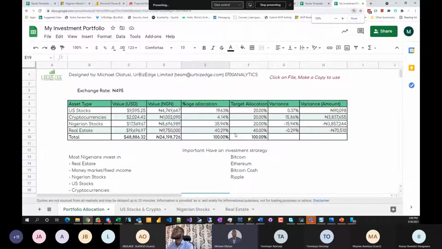Control plus. Okay, great. So for me, I said I'm going to do portfolio allocation 20, 20, 20, 40. US stocks 20%. You see, I'm almost close to it for the US stocks. Cryptocurrency 20%. I sold my cryptocurrency last year, December.